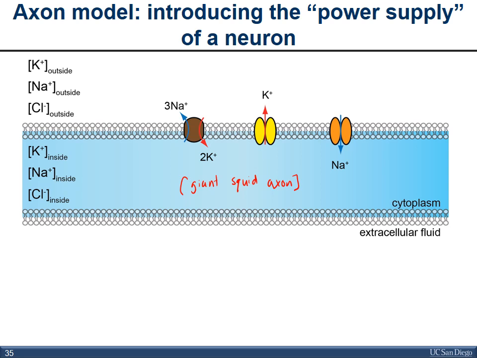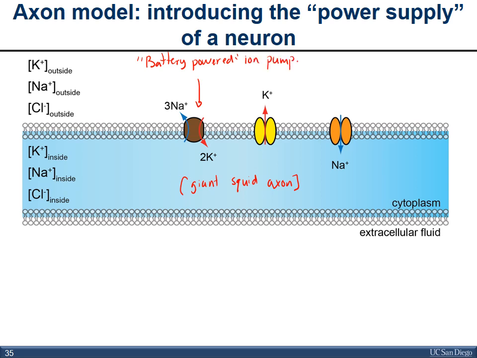It was one of the first animals that were really experimented with at depth to really understand how these neurons worked. What ends up happening is you get these proteins. This protein here is essentially a battery-powered ion pump.